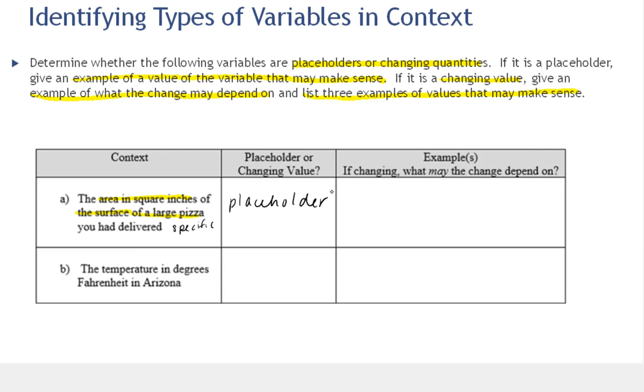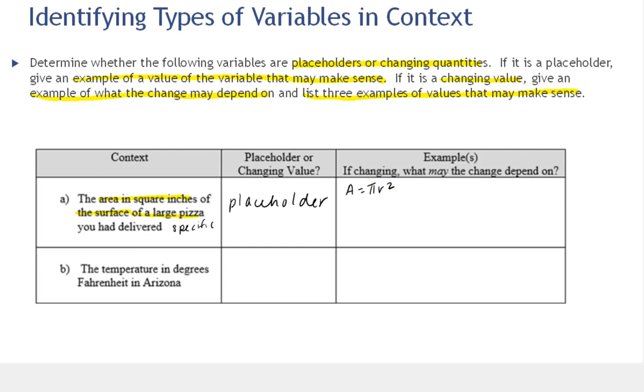So now we want to give an example of a value for the variable that may make sense. Okay. So since we're talking about area, I'll use a formula that you may or may not remember, that the area of a circle, so a pizza, most of them are circular, and if we look at the surface area, it is pi times the radius squared.